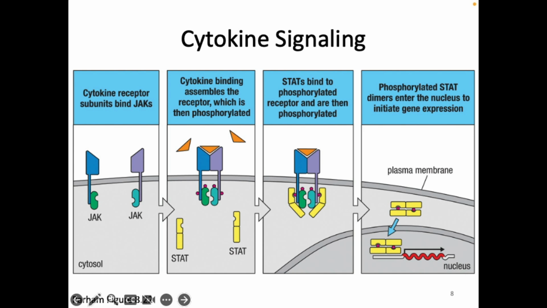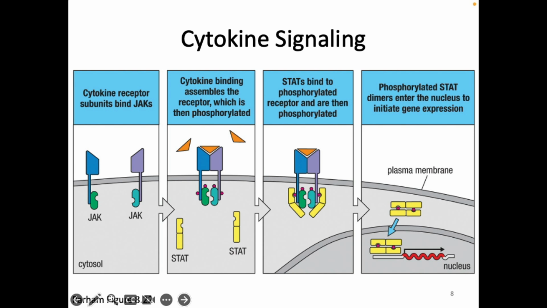So the green JAK will phosphorylate the blue one, which will phosphorylate the green one. There are 4 different JAKs. So there's actually JAK 1, 2, 3, and the other one is not called JAK 4 because why would it be useful? Different cytokines will use different JAK combinations.